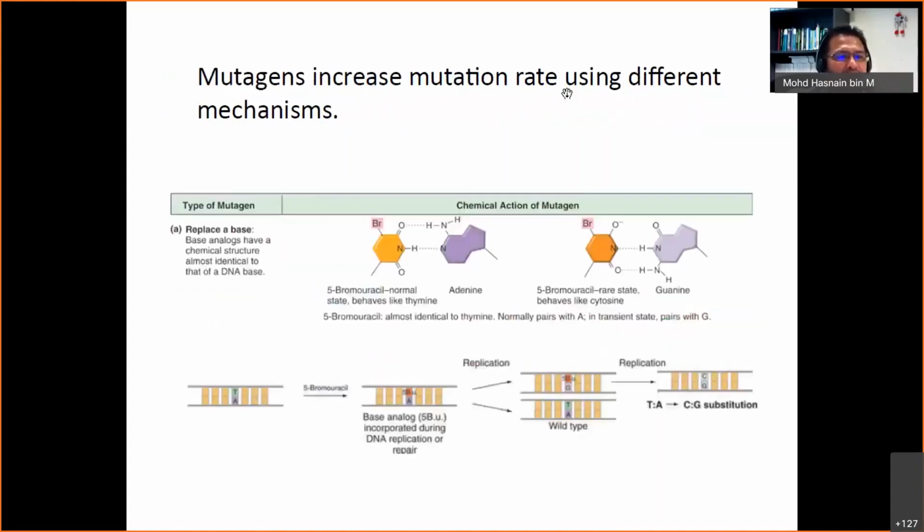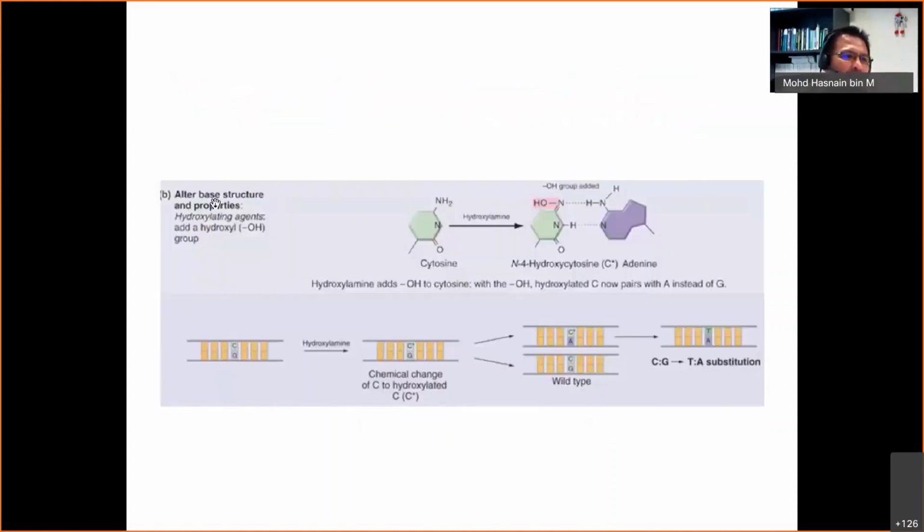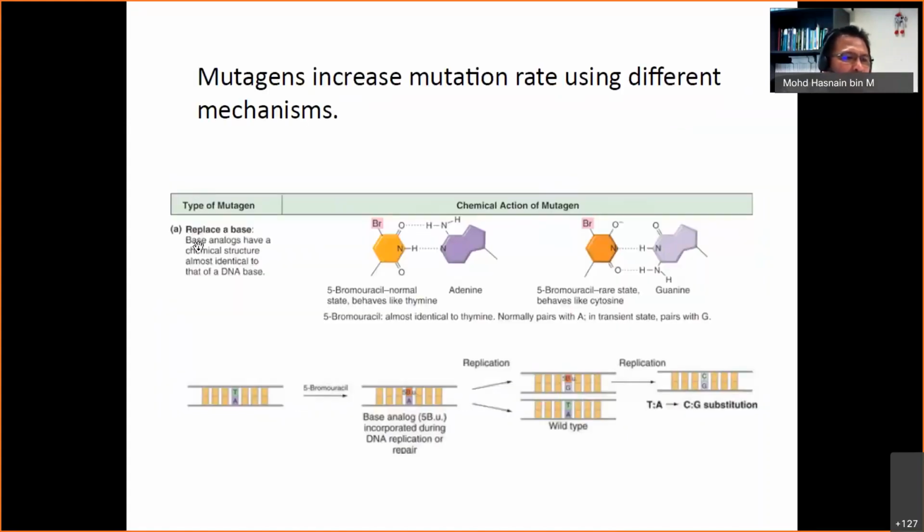Mutation rate can be increased using different mechanisms. Base replacement, and then alteration of the base structure and properties, for example due to certain agents. For example, this one, base analog.